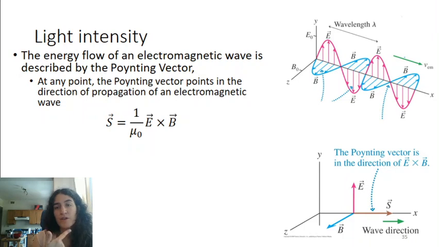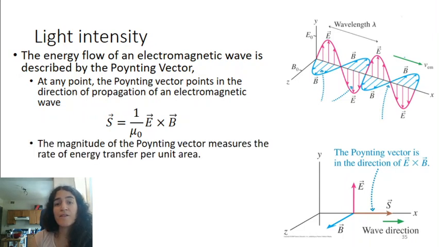So I have pointer in the B field, thumb in the electric field. My middle finger points in the direction of the Poynting vector, right? So we should see this Poynting vector S pointing in the direction of propagation, right? So it's appropriately named.